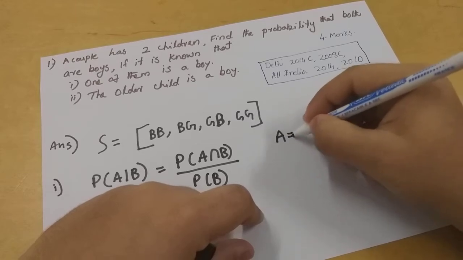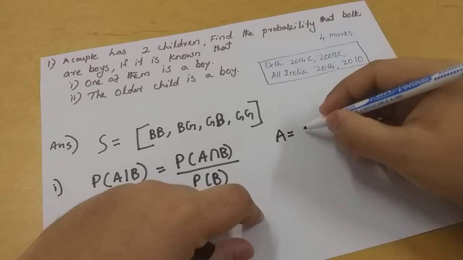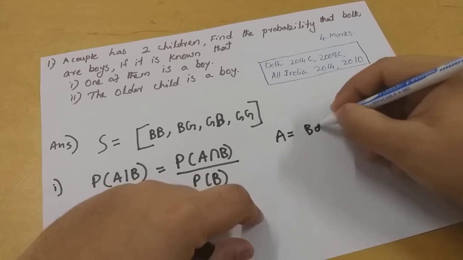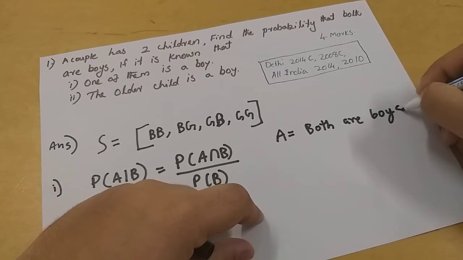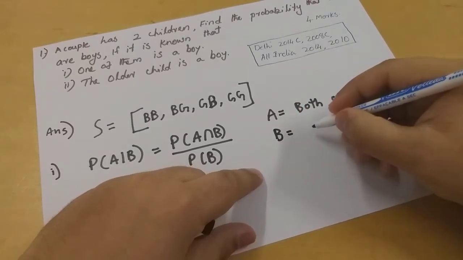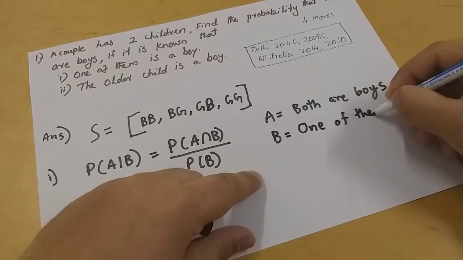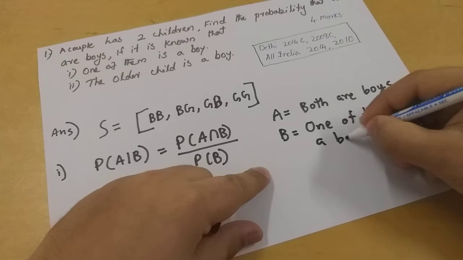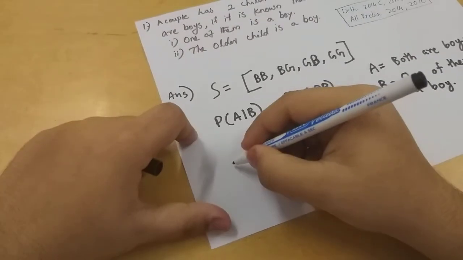Let the event A be that both children are boys, and let B be the event that one of them is a boy. Let's find out the probabilities of both events.